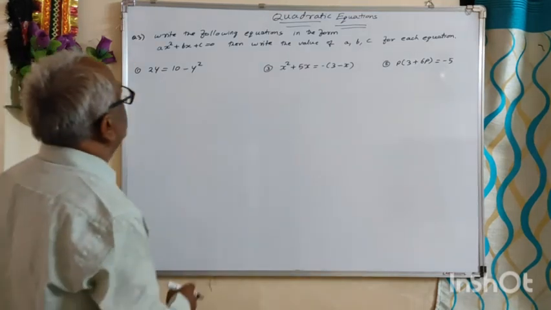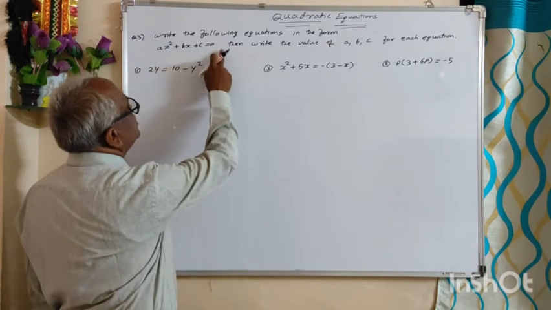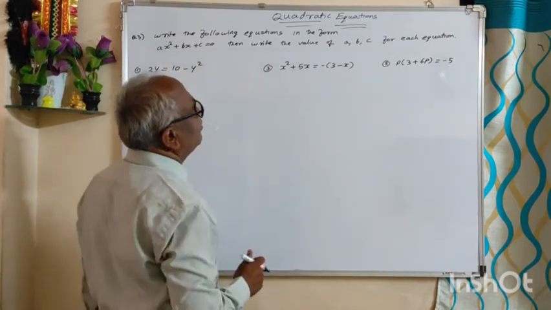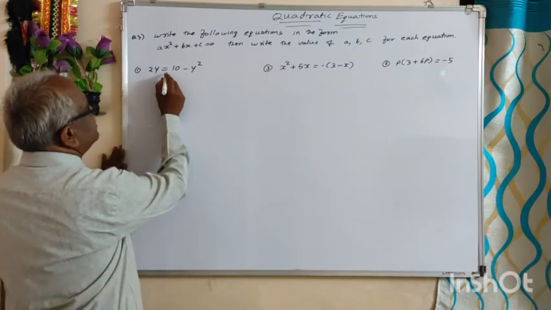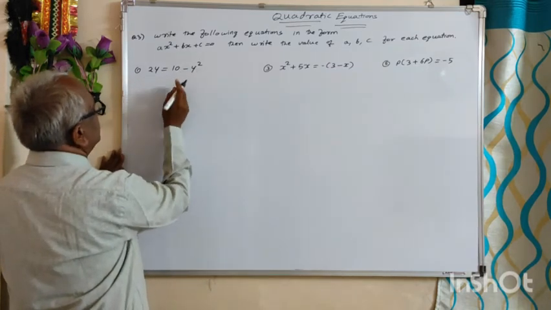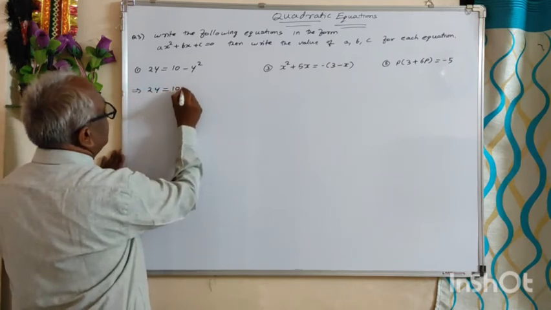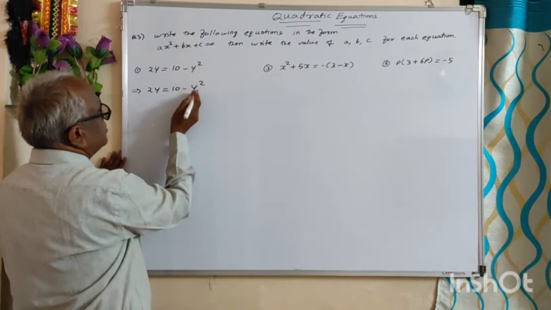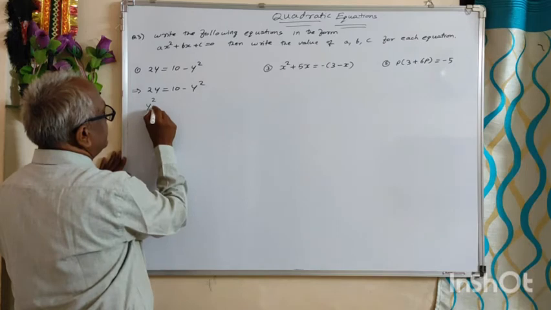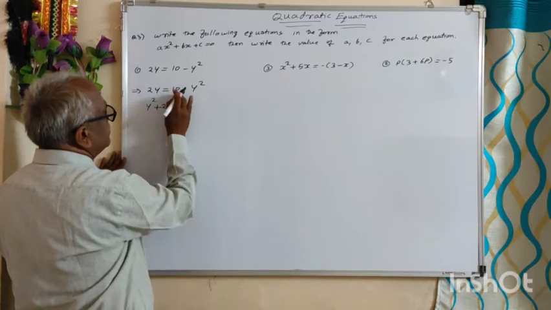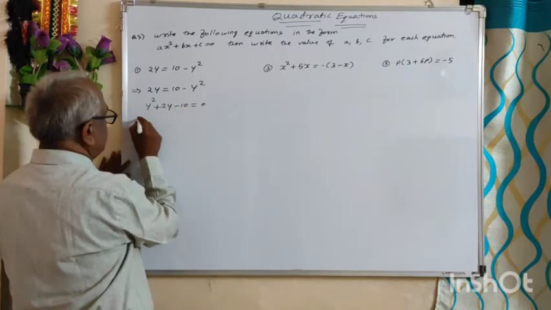Now question number 3, write the following equations in the form of ax square plus bx plus c is equal to 0. Then write the values of a, b, c for each equation. First one, 2y is equal to 10 minus y square. Now this minus y square shifted to the other side of the equal to sign becomes y square plus 2y, and this plus 10 shifted to the other side becomes minus 10, is equal to 0.